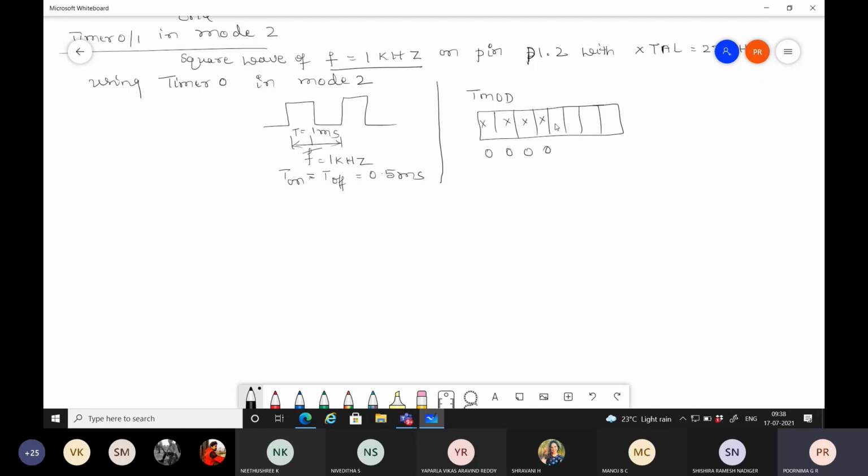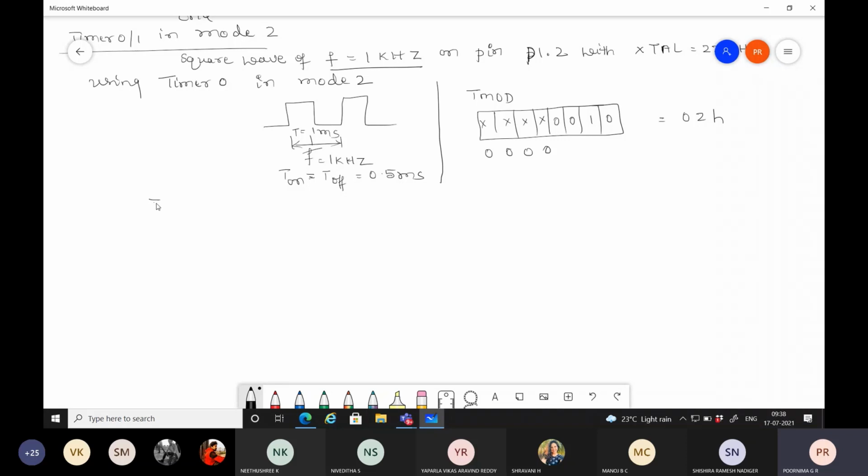So now for this particular timer 0 bits, gate 0, then C slash T bar 0, mode 2 as 1 0. So this is equal to 02H. That is the TMOD value to be initialized.